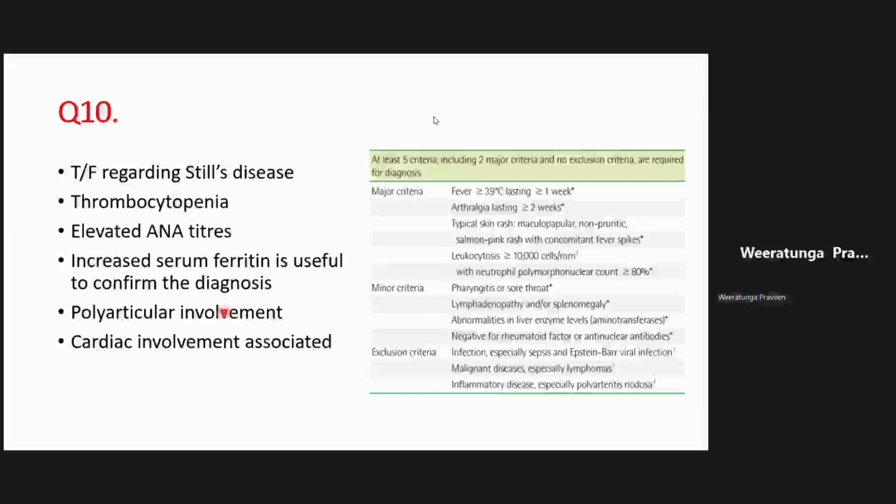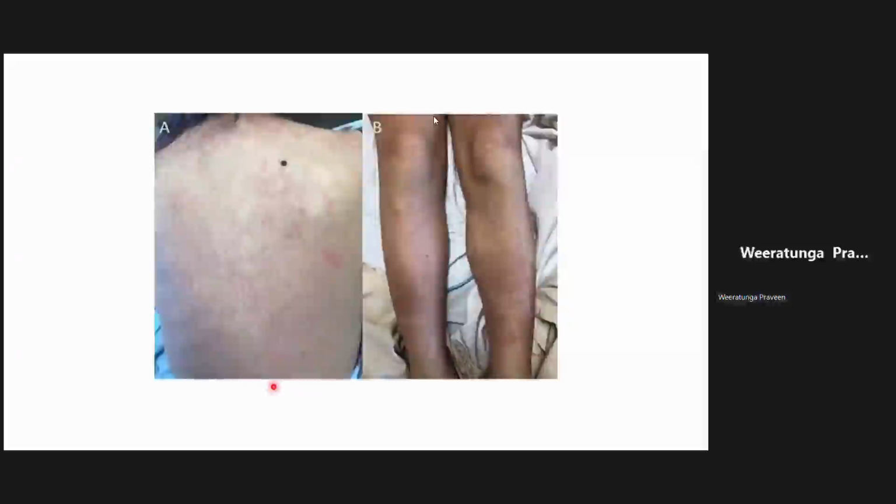Okay, right. Now, this MCQ is on Still's disease, which is not very important. Still's disease is essentially an inflammatory disorder, and the typical feature is they present with fever, right?